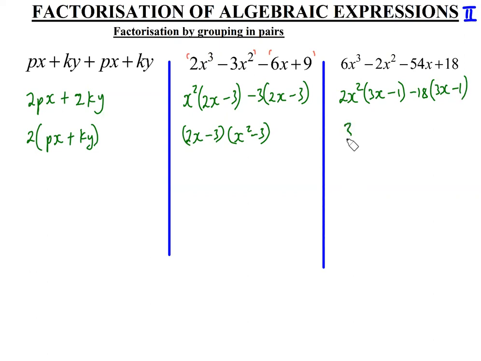Okay, then your brackets here: 3x minus 1, and also 2x squared minus 18. That becomes our final answer now.